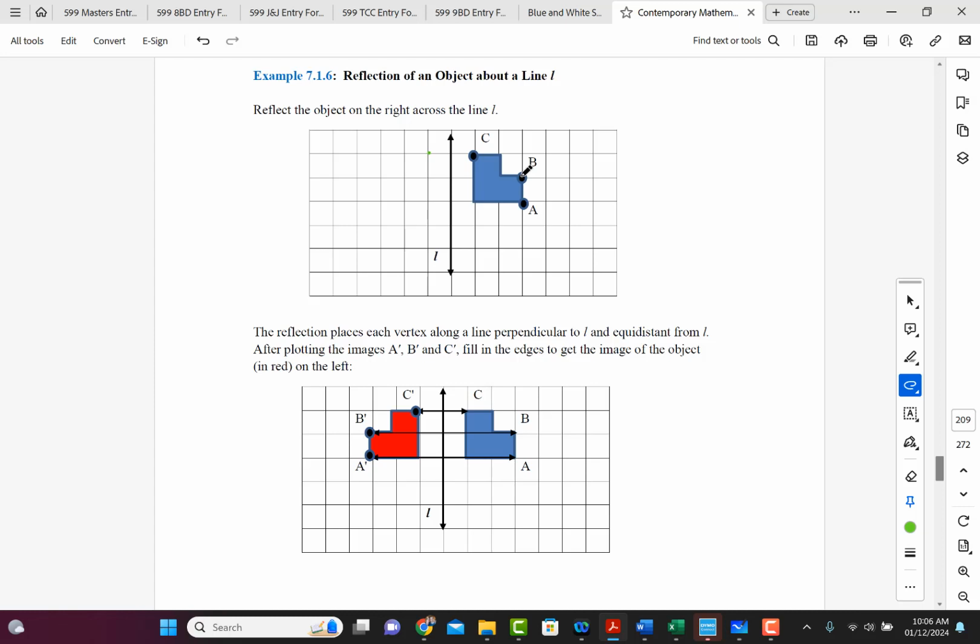So it's going to go 3 units to the right to 3 units to the left of the line. And then A will go also from 3 units to the right to 3 units to the left of the line. Okay, so again, this is going to be C prime.